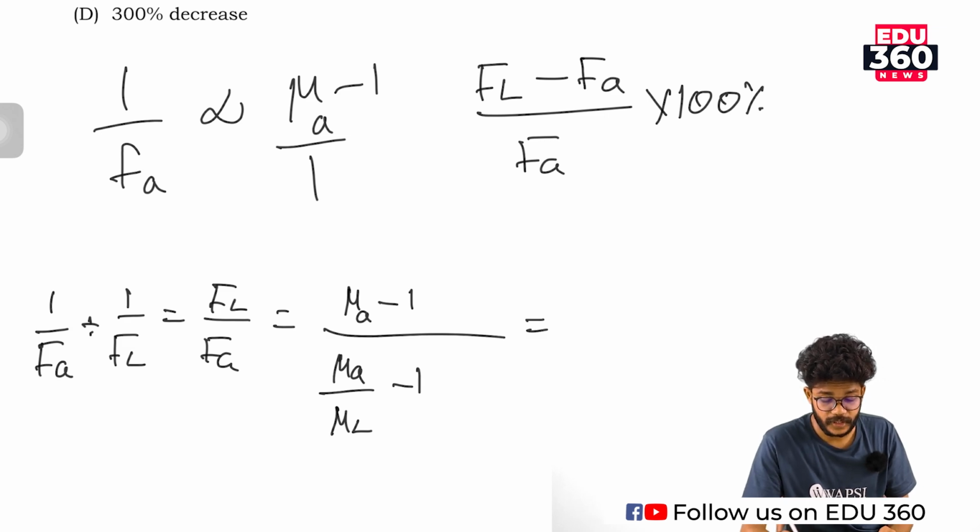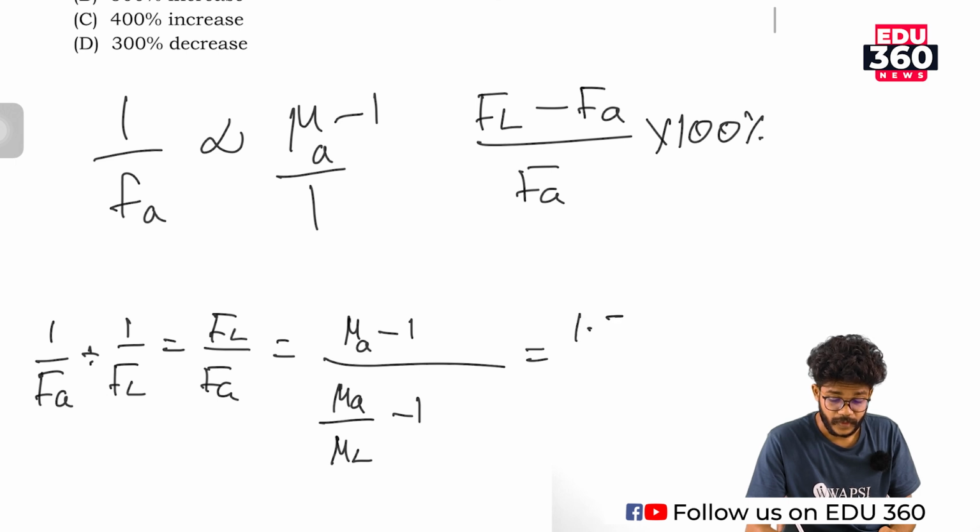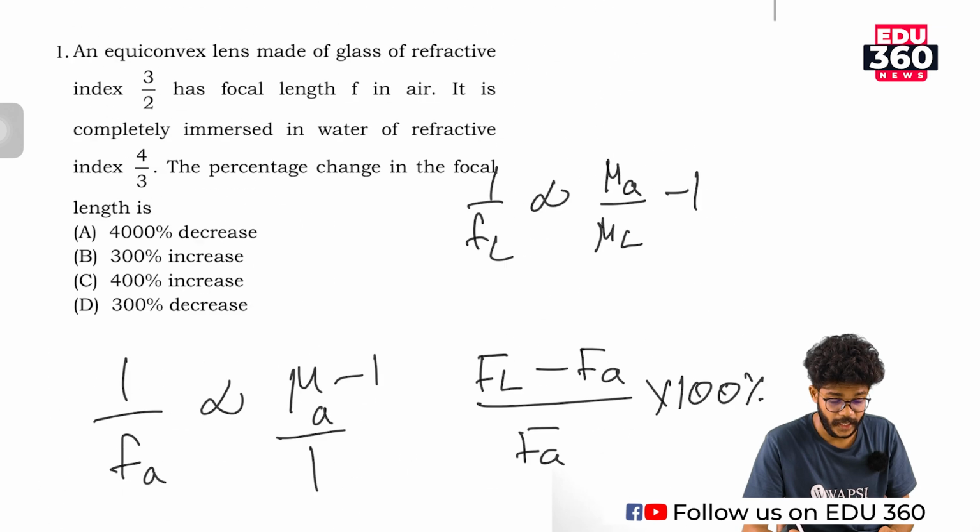So we can substitute the values. What is mu_a? 3/2, that is 1.5, minus 1, by 1.5 divided by mu_L, which is 4/3.